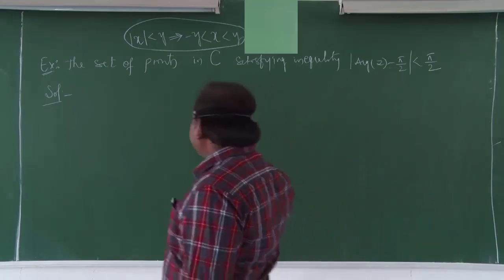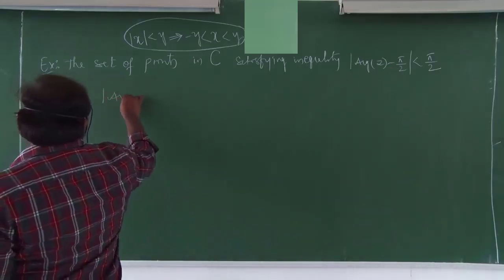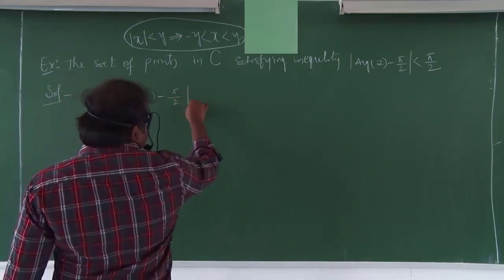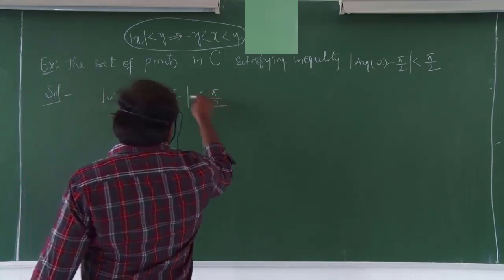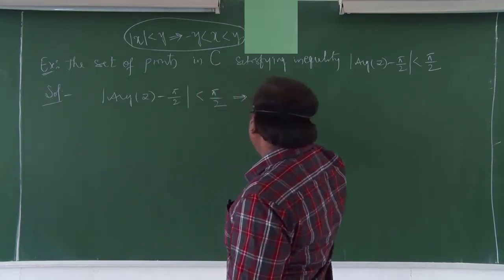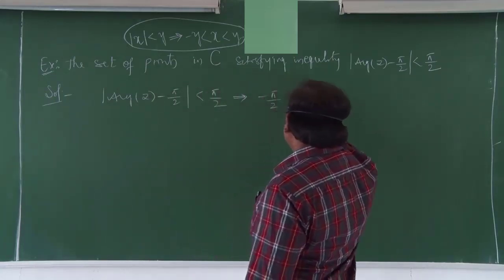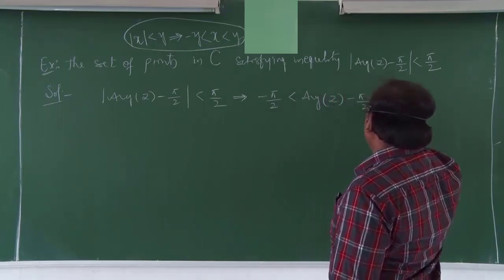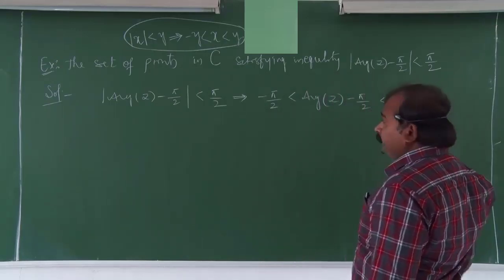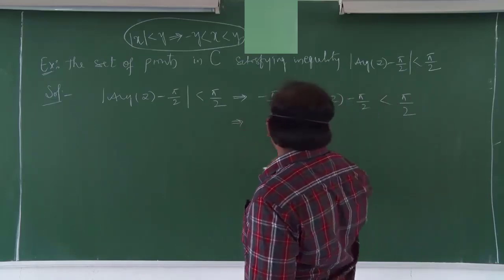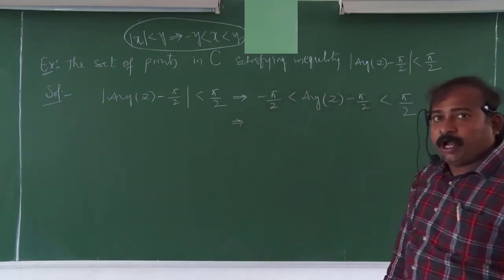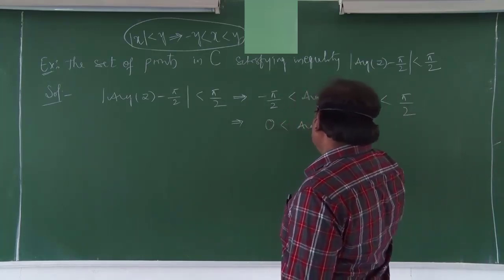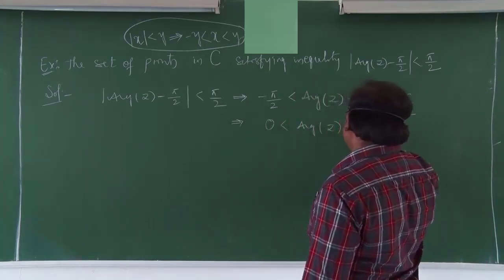So basing on this, modulus of argument of z minus pi by 2 is less than pi by 2 implies minus pi by 2 is less than argument of z minus pi by 2 is less than pi by 2. Now add pi by 2, and we get 0 less than argument of z less than pi.